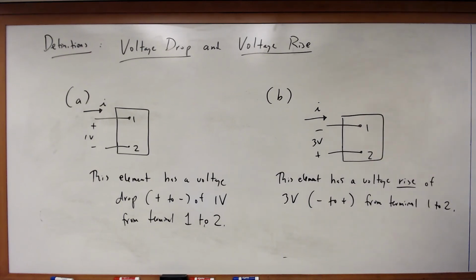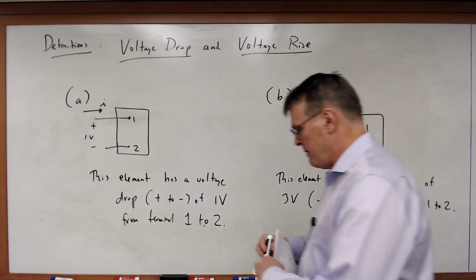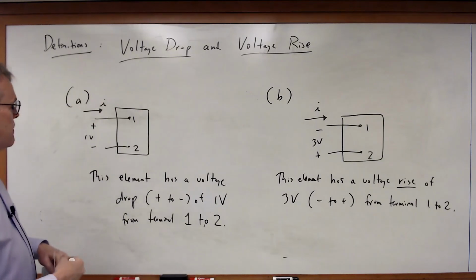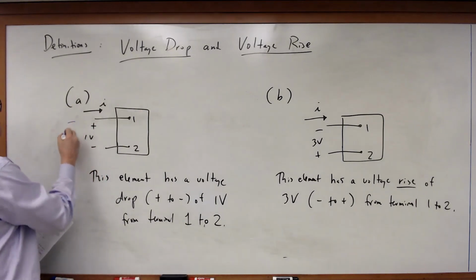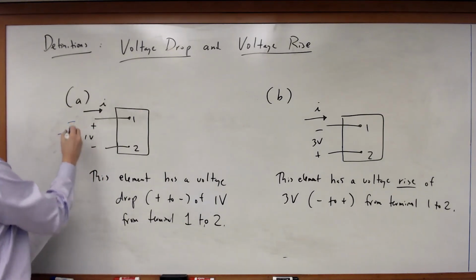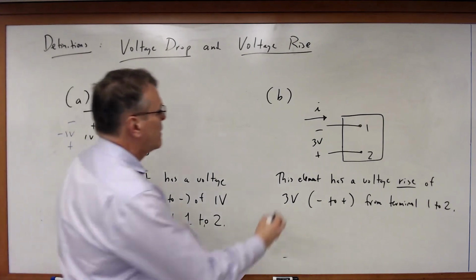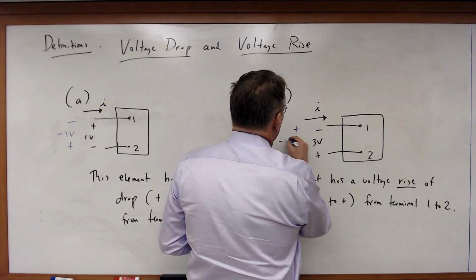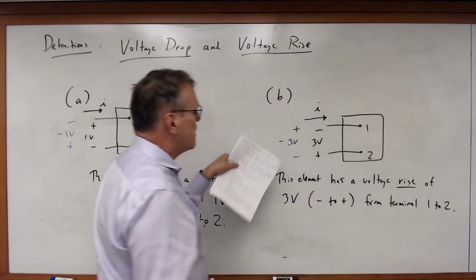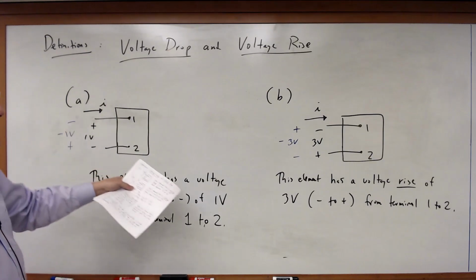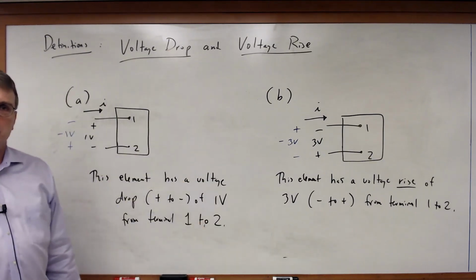Okay, as I said before though, this is kind of arbitrary. And what do I mean by that? Well, as we already know, it's very easy to flip these definitions around. Let's do this. Let's make that negative to positive minus 1 volt. Let's make this positive to negative of minus 3 volts. So I've simply flipped the polarities and changed the sign of the voltages.